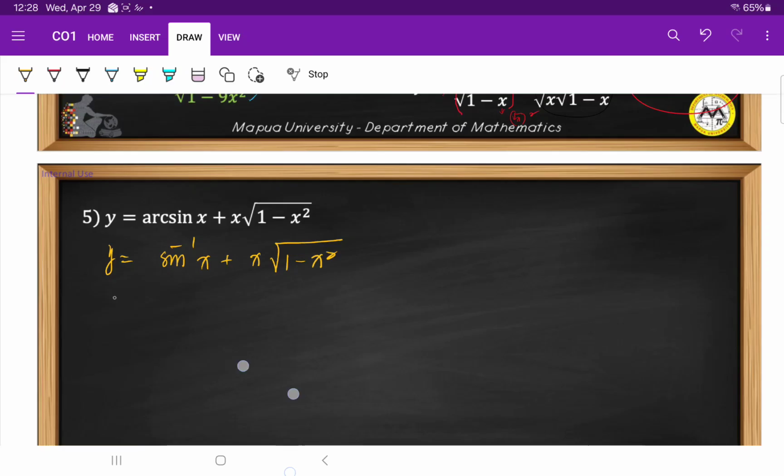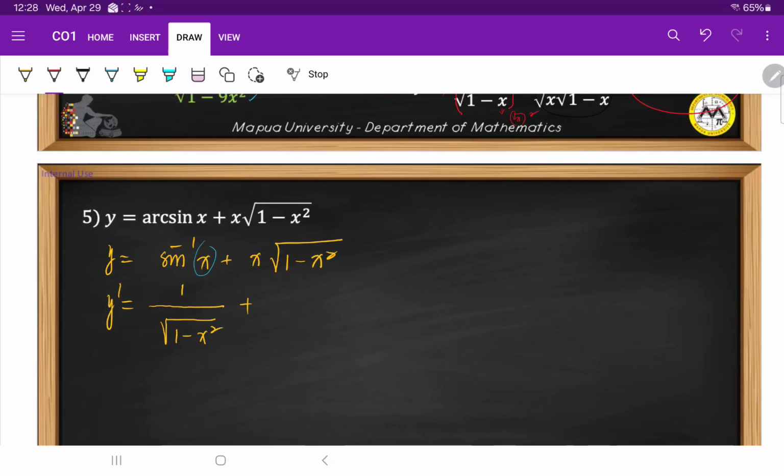We get y prime. What's the derivative of arc sine of x? Here, this is u. So in the numerator, du dx, so it's 1. It's 1 over the square root of 1 minus u squared, so it's x squared.